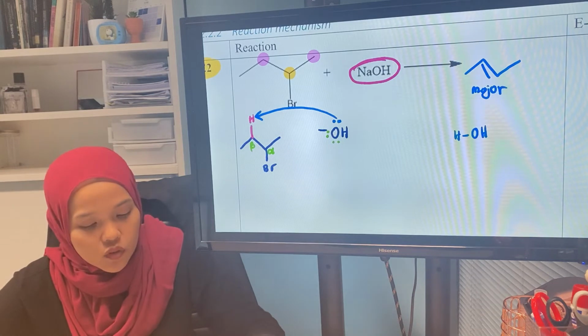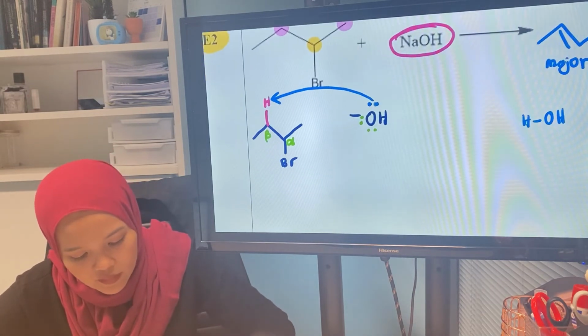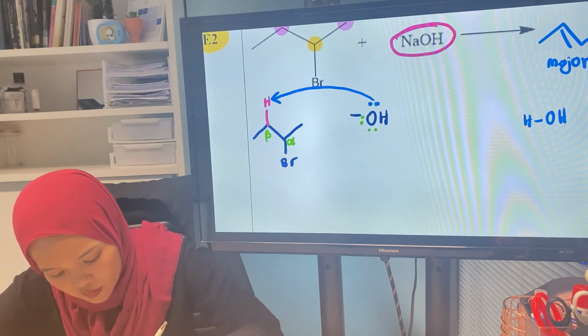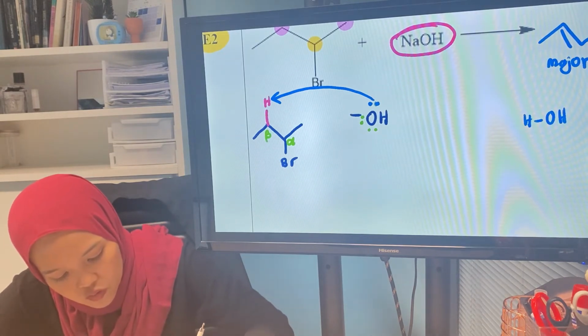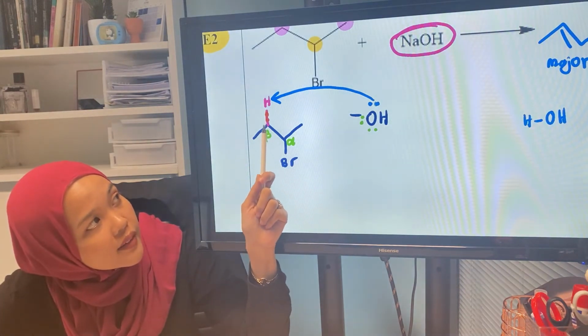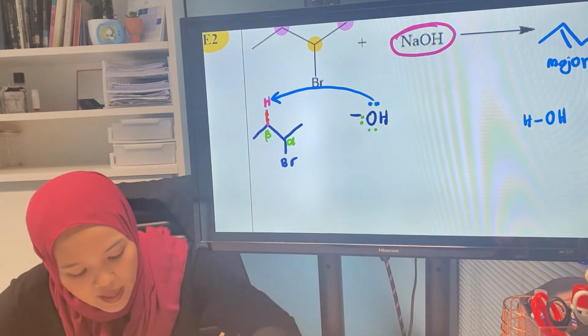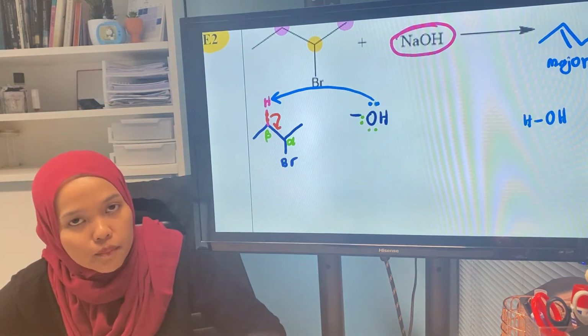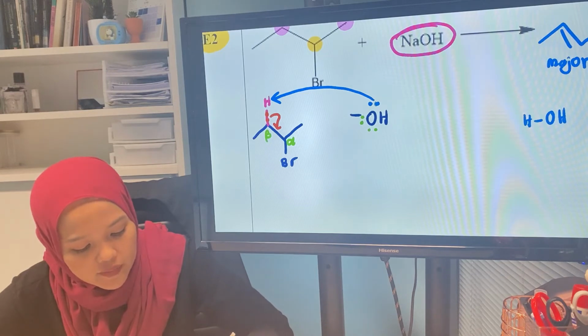You can just write H2O. Next, what is going to happen is that there are two electrons, a pair of electrons between the beta carbon and the beta hydrogen, and this is going to go to form a pi bond between the alpha and beta carbon.